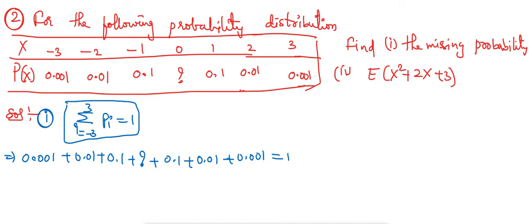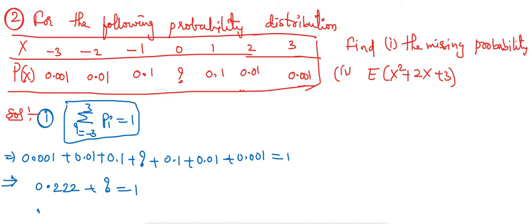Adding all of these, in the decimal after the third place 1 plus 1 is 2, in the second place it's 2, in the 0.1 place it's also 2, so 0.222 plus the unknown is equal to 1.